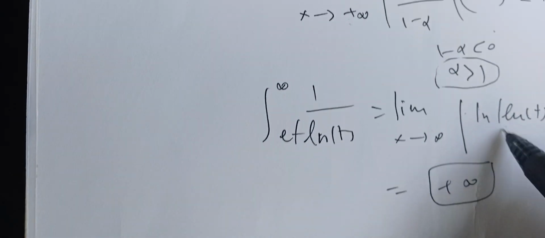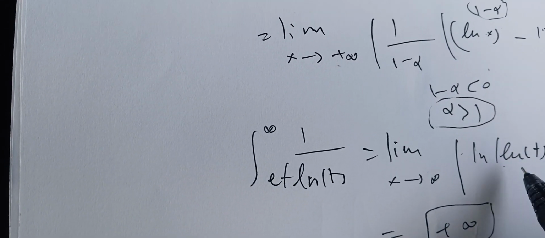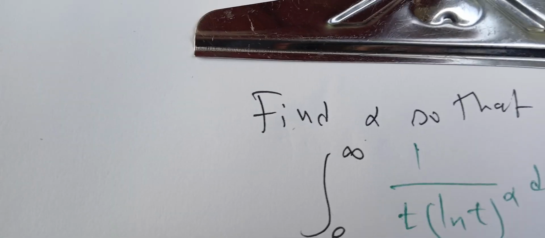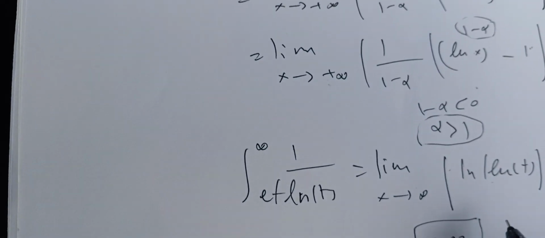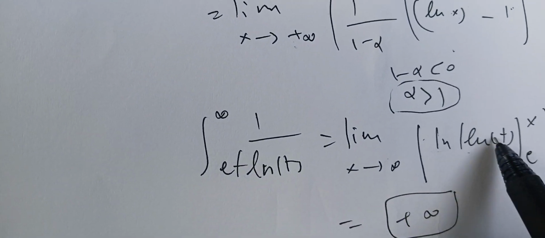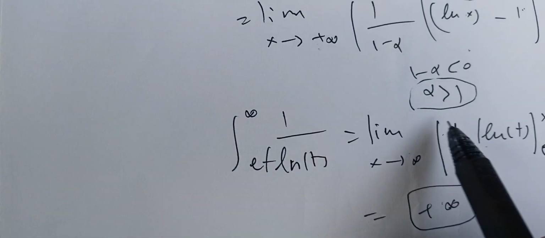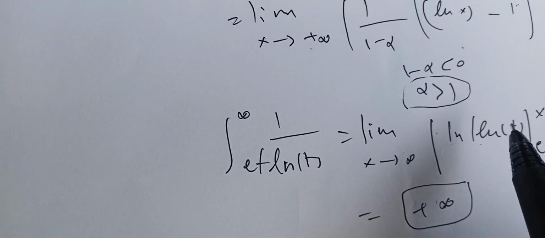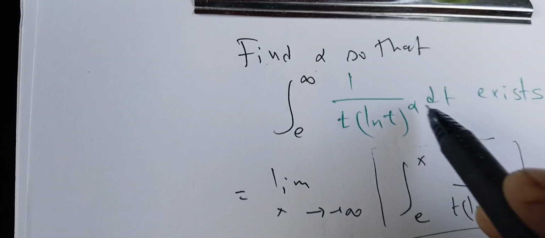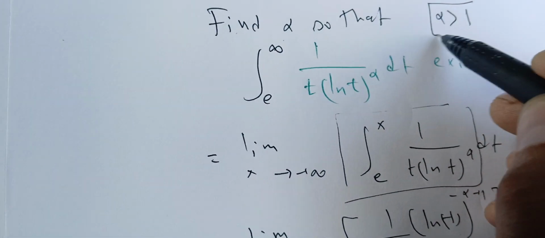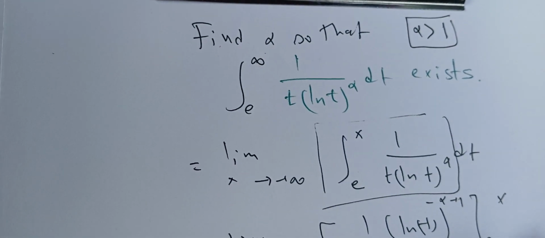So alpha has to be strictly bigger than 1 to get this convergent, because if you plug in alpha equal to 1, you get this one that we know, and when you take the limit, you get infinity. Therefore, this integral is not convergent when alpha is 1. Therefore, this one exists when alpha is bigger than 1. Thank you very much.